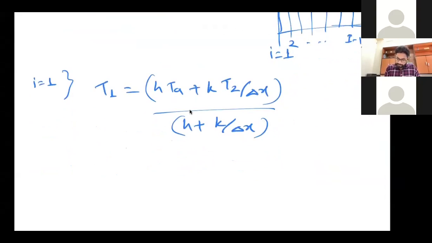Okay, and for I equal to 2 to capital I minus 1, we should not forget to put n plus 1.